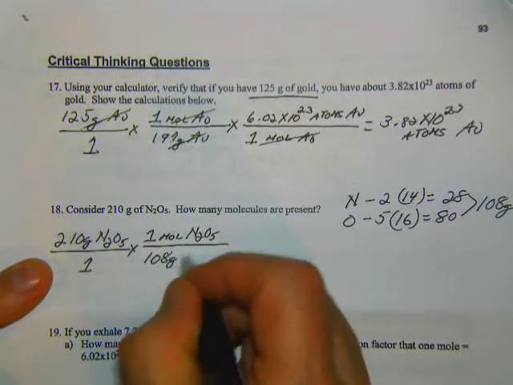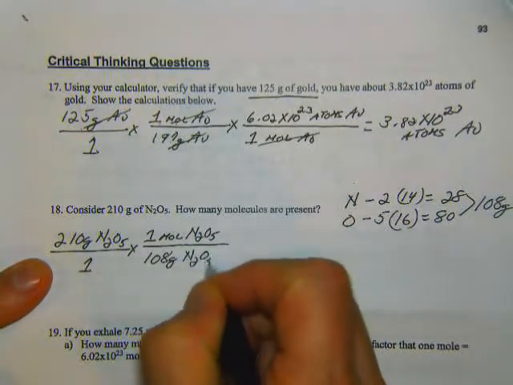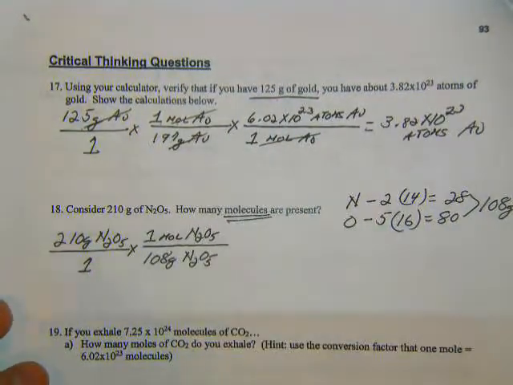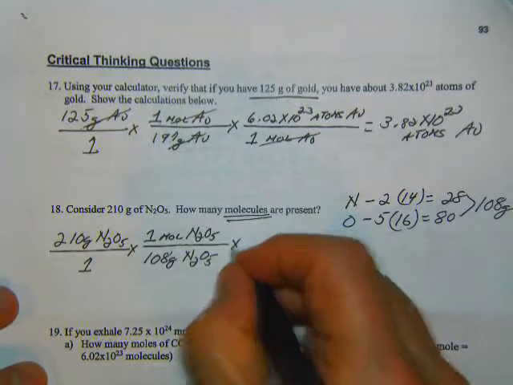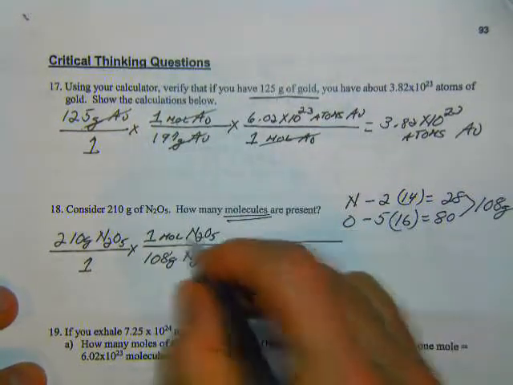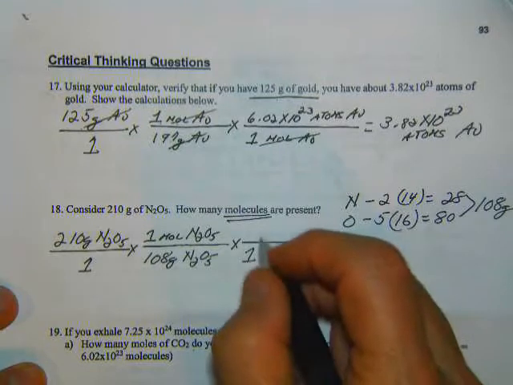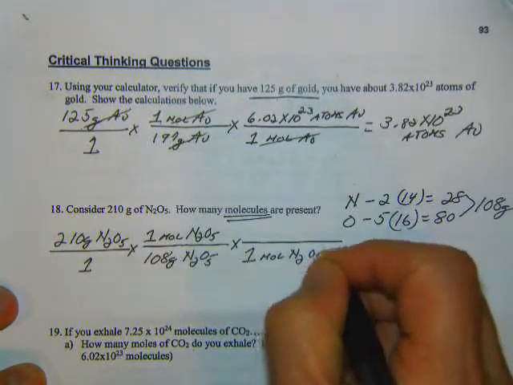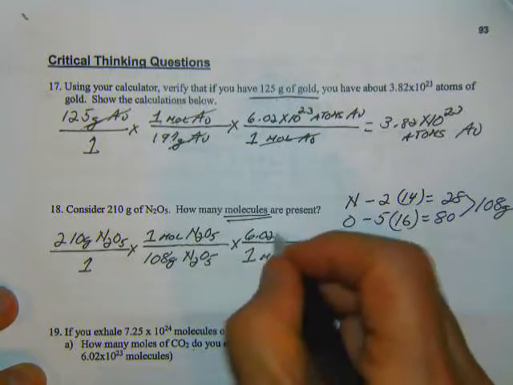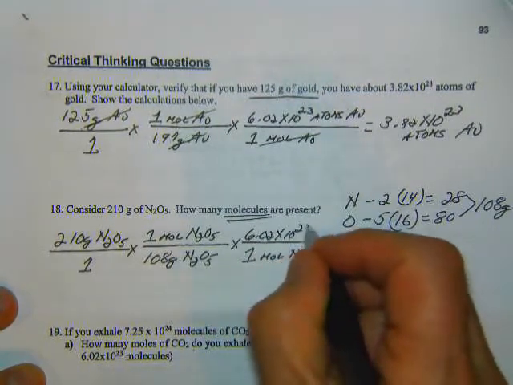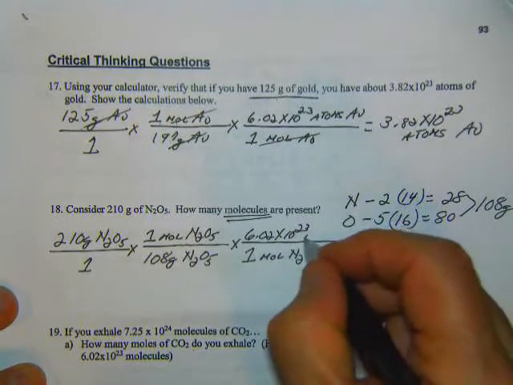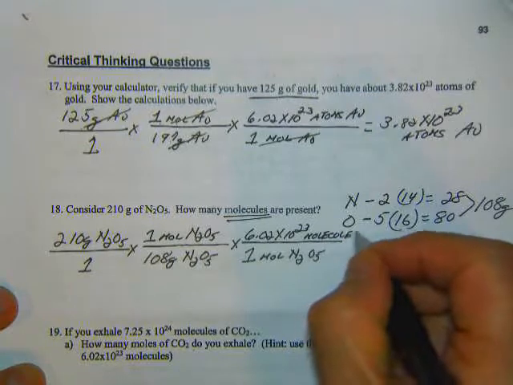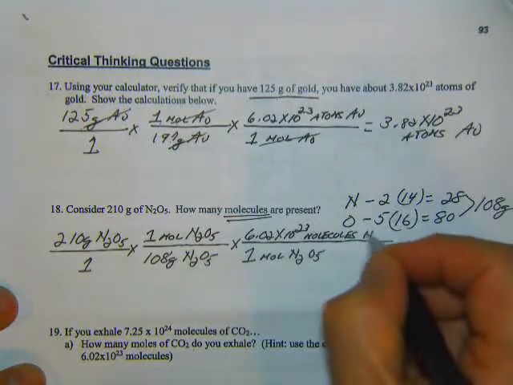And we want to know the number of molecules, so we're going to do Avogadro's number again. 1 mole of N2O5 is 6.02 times 10 to the 23rd molecules of N2O5.